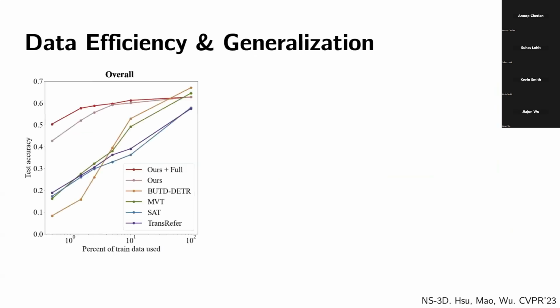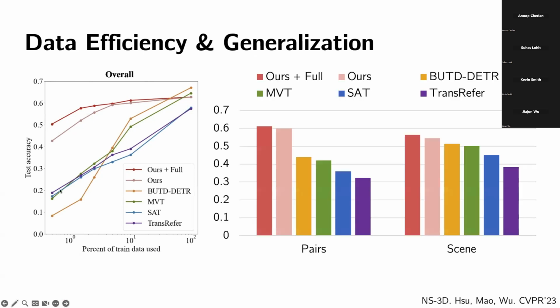So you can do that in 3D, and it still has the same benefits as before in the sense that it's very data efficient. If you train it on 1% of data or 10% of data, you can see that our method is much better. And if you train on the full data set, it is slightly worse, more or less comparable, than those end-to-end neural methods, but it's much more data efficient. It shows some generalization.